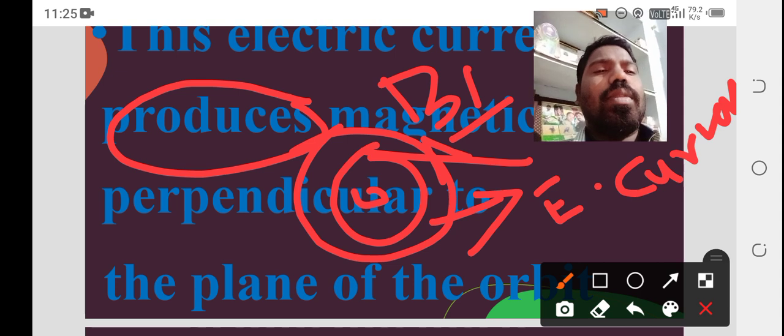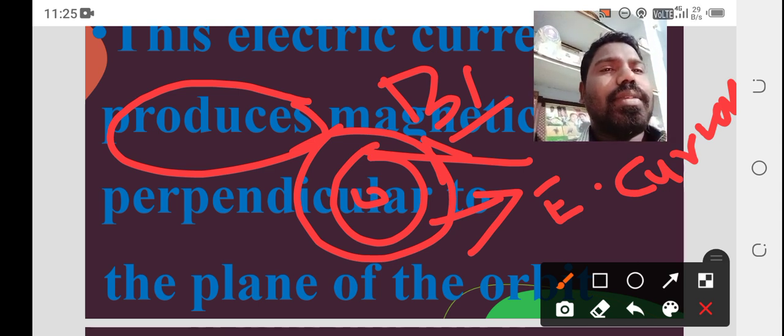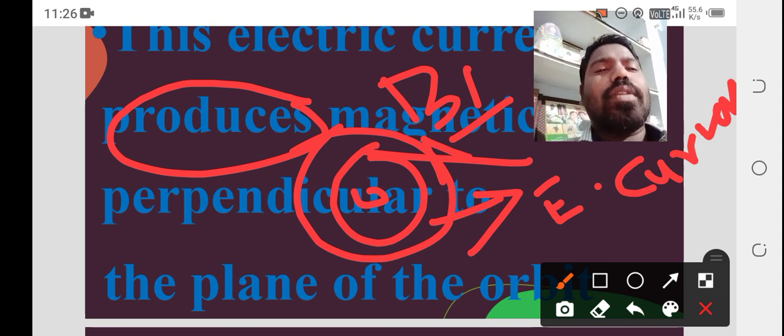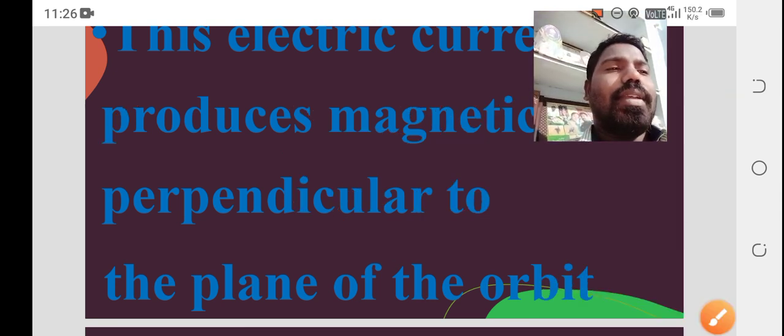Perpendicular to whom? Perpendicular to the plane of the orbit. The electric current in an orbit produces a magnetic field, and this magnetic field is perpendicular to the plane of the orbit.